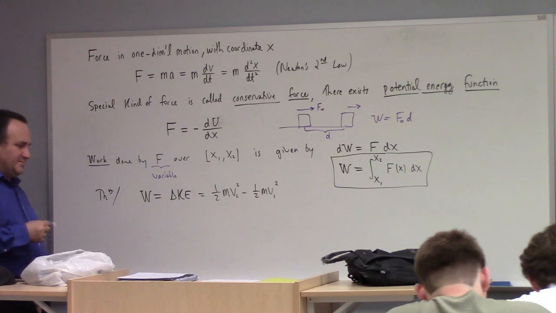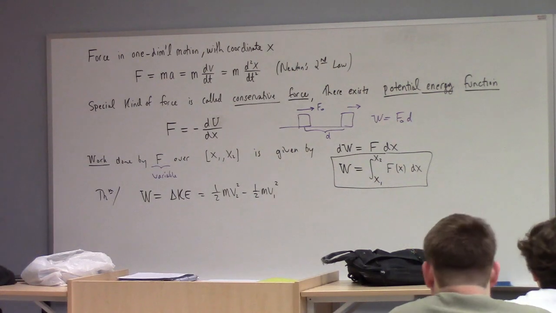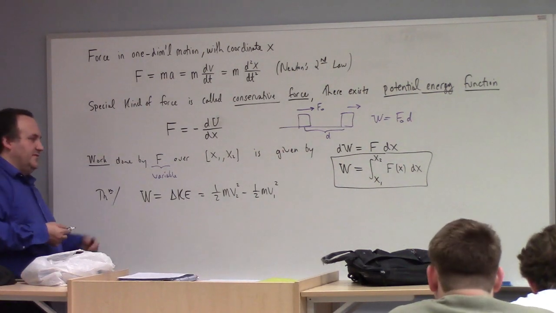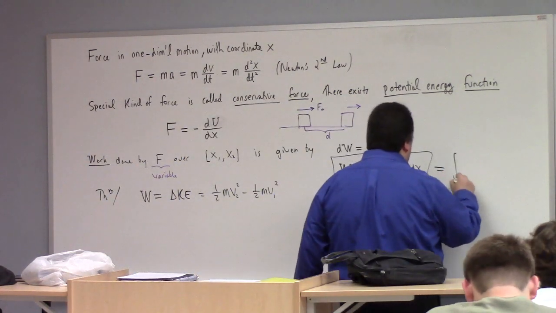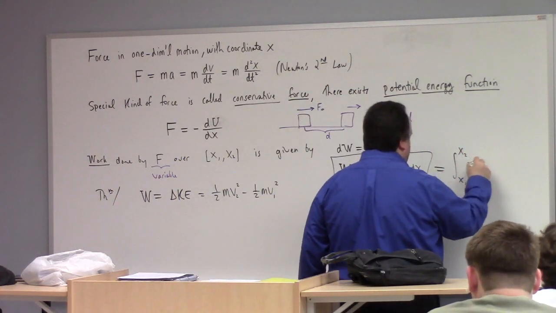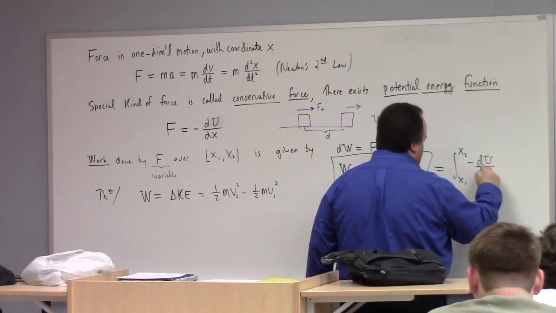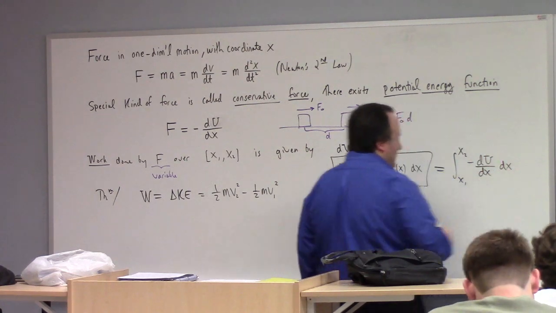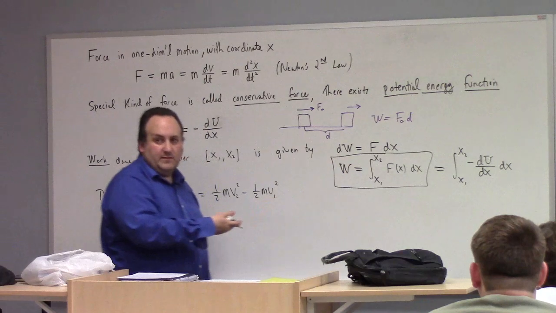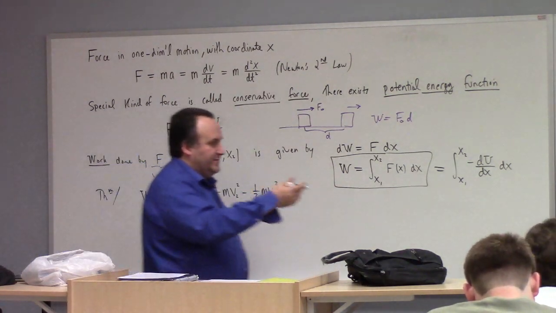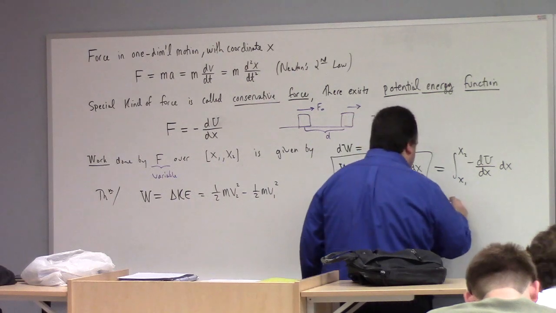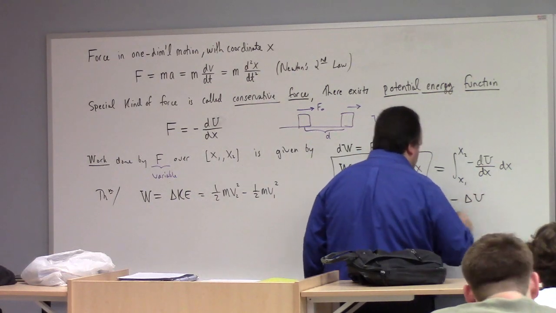Kinetic energy is 1/2 mv squared. So you have this, but you also have, for a conservative force, this is equal to the integral from x1 to x2 of minus dU/dx. But remember last time we talked about the net change theorem? Well, this is like that, right? We're integrating dU/dx. That gets us the net change in U, but there's a minus. So this gets us minus the change in U.